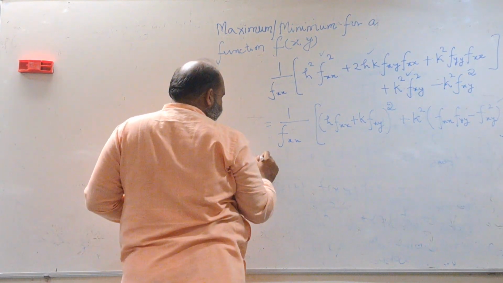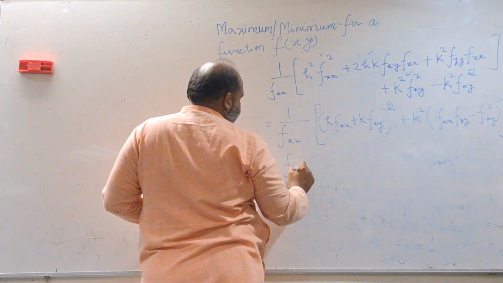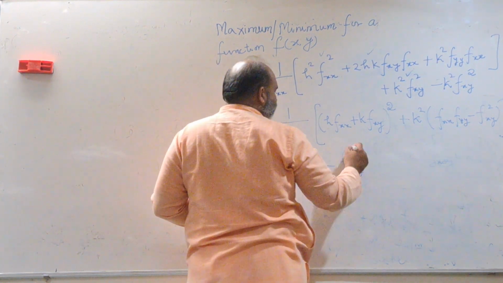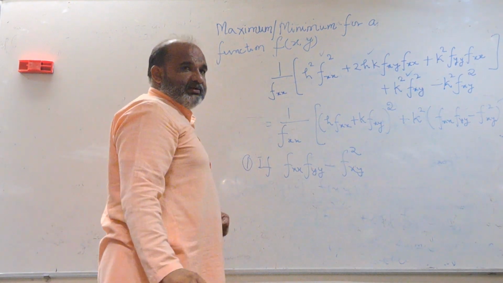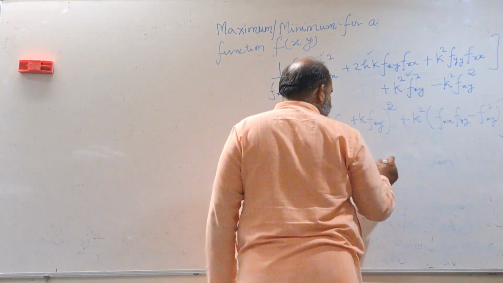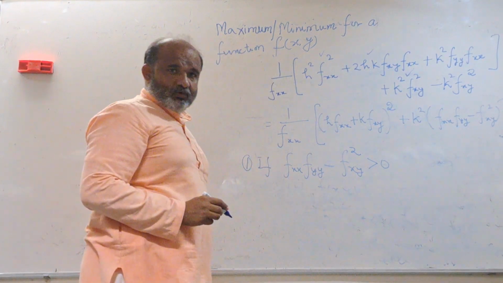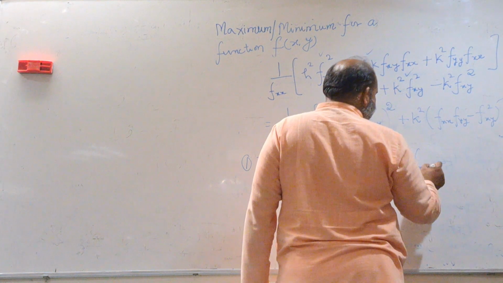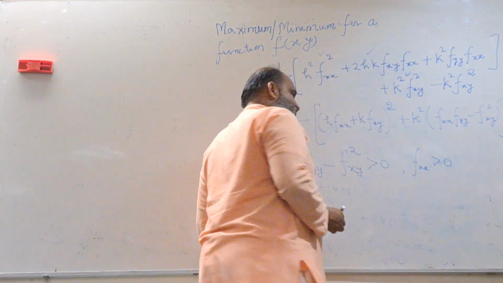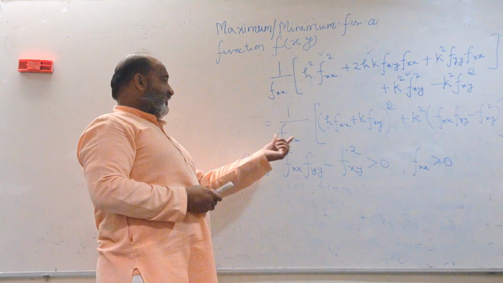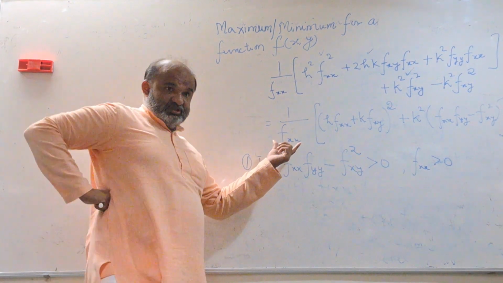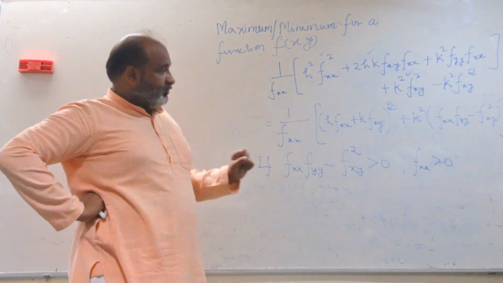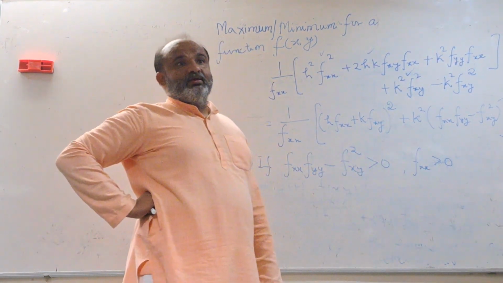Number 1, if fxx fyy minus fxy whole square is positive, that is greater than 0. Also fxx is positive, because if fxx is 0, these calculations can never be carried out, so the equality is not there.